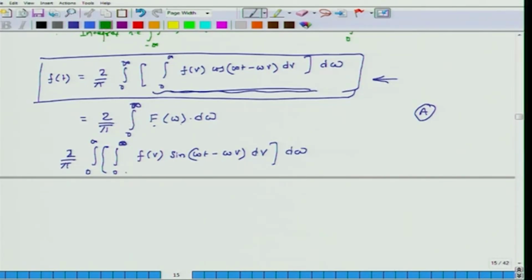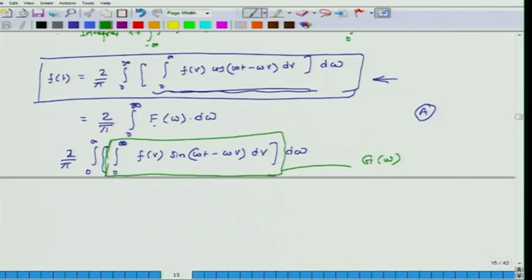Okay, and what I am going to define is that this entire thing is G of omega. So G of omega's definition is pretty much the same as that of F of omega, but instead of the cosine function I have a sine function.